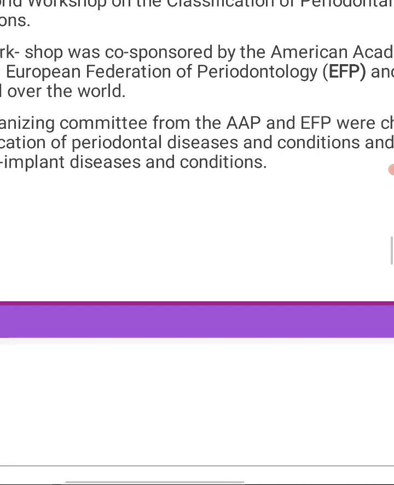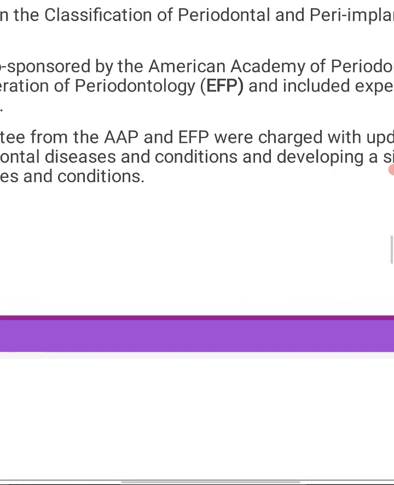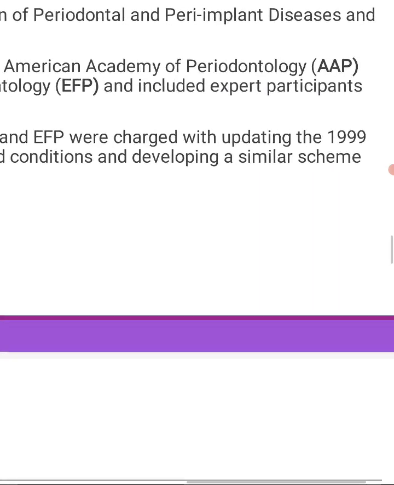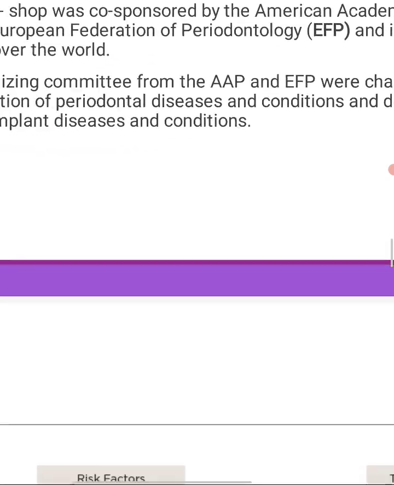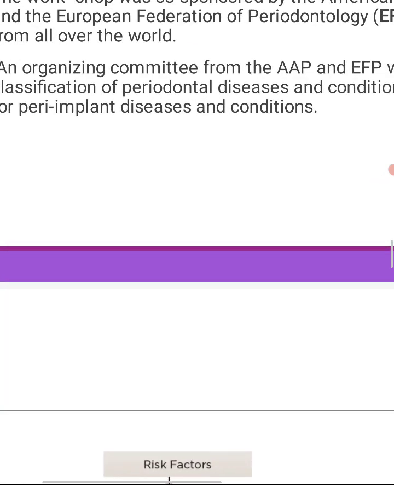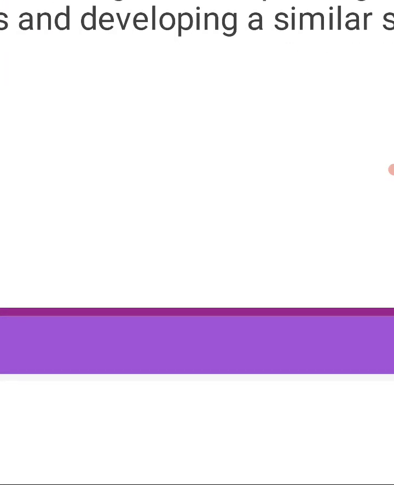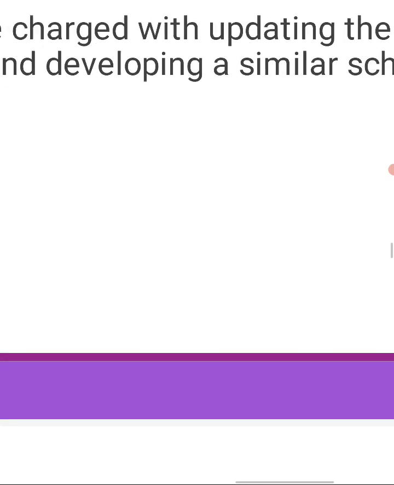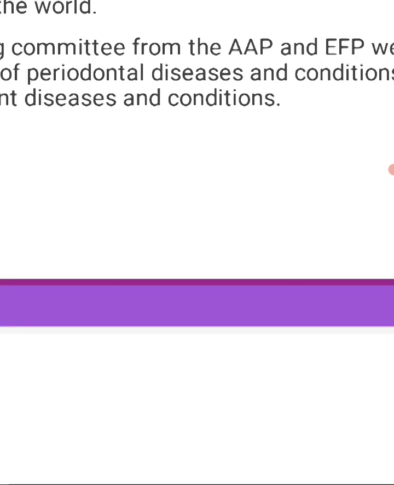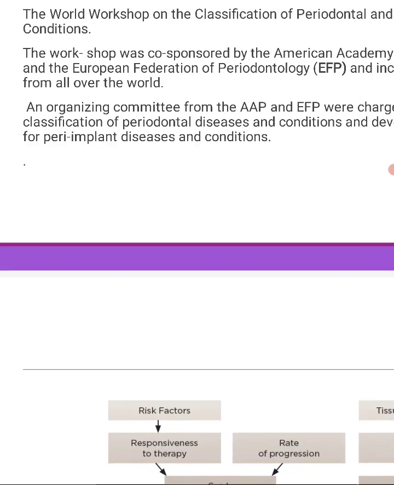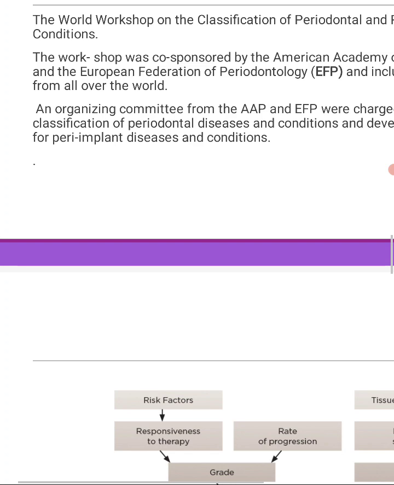An organizing committee from AAP and EFP was charged with updating the 1999 classification of periodontal diseases and conditions and developing a similar scheme for peri-implant diseases and conditions. So this is the main one.